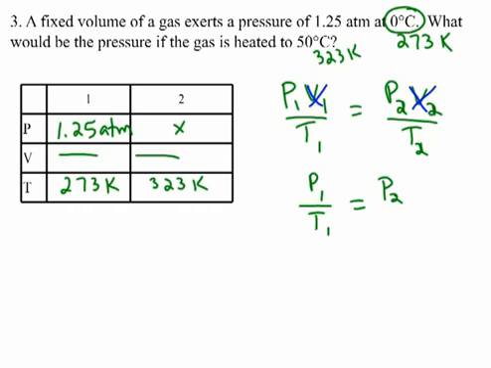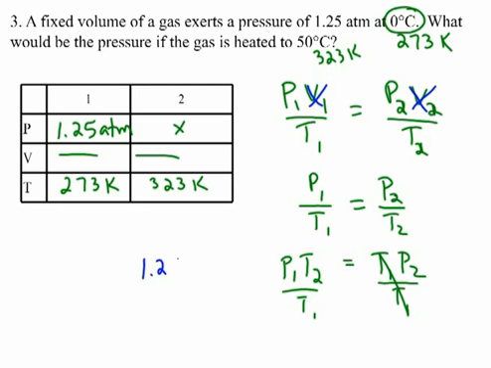When we cross multiply, we have P1 times T2 is equal to T1 times P2. We are trying to solve for P2, so that means we're going to need to divide both sides of the equation by T1. And there we have our equation all ready to be plugged in.